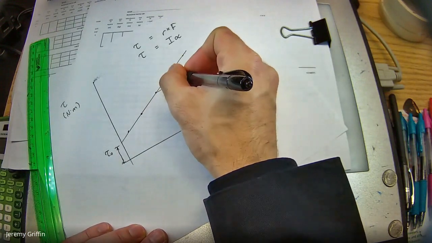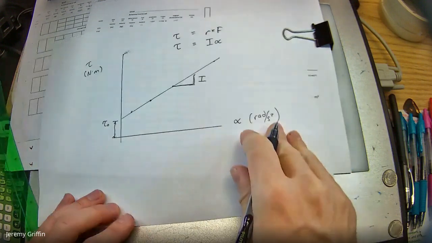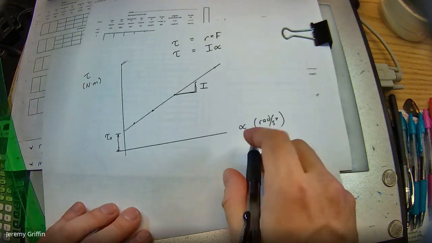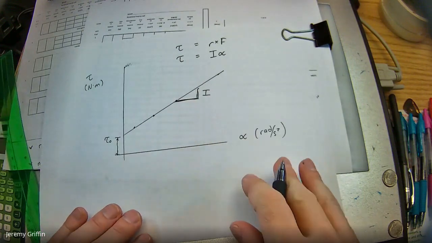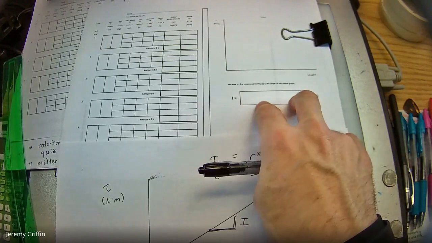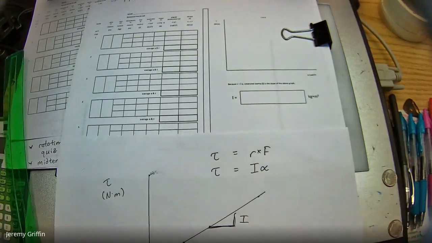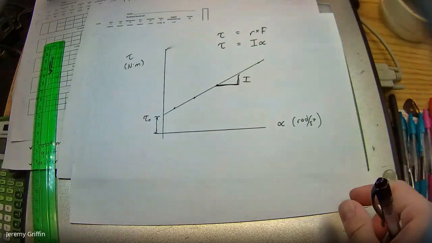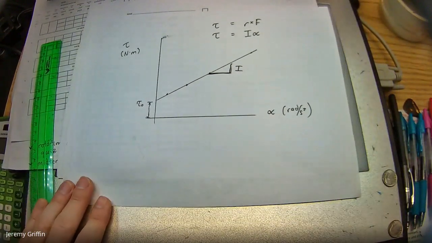We call this I, like torque equals I times alpha, like y equals mx. The rise over run. So that would be your last step to figure out the rotational inertia empirically. Like I said before, if you'd like to, you can compare it to the textbook, like 1/12 ml squared, and see how close that is.